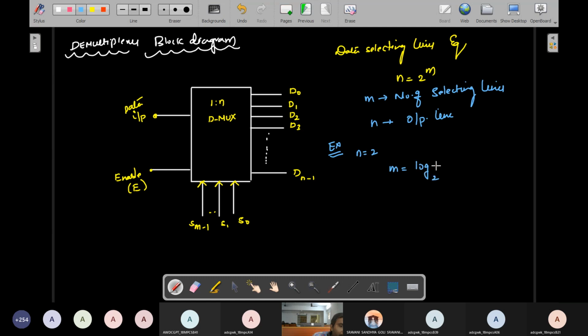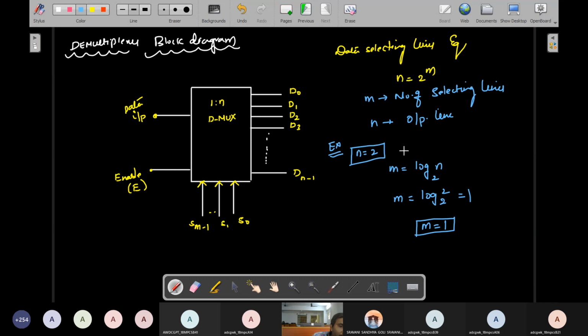So n is 2, log 2 with base 2 is equal to 1. So the number of selecting lines for 2 outputs is m equal to 1.